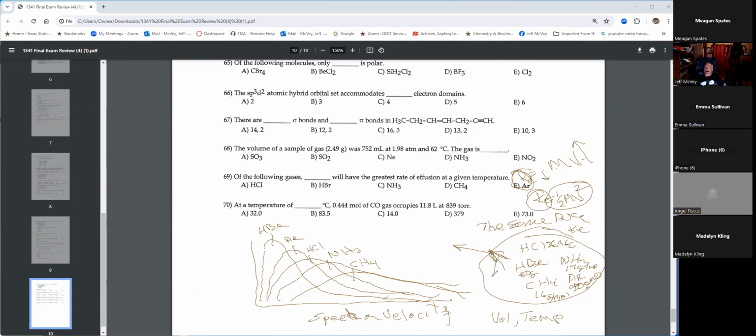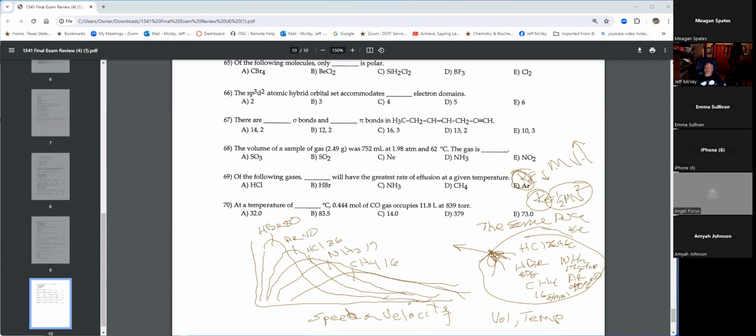And how many shots it takes at the hole depends on its velocity, how fast it's moving. So the lighter gases, this is 16 grams per mole, 17 grams per mole, 36 grams per mole, 40 grams per mole, 80 grams per mole.